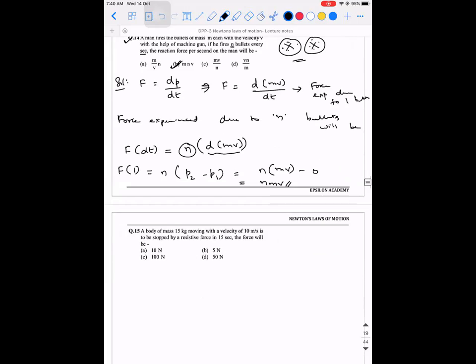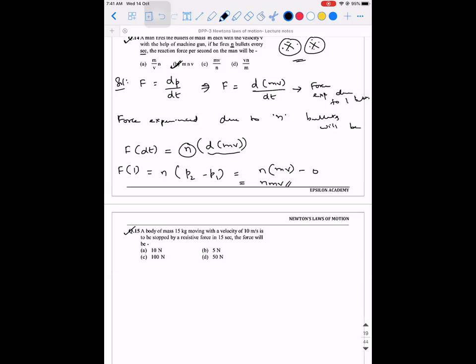Now listen. 15th. There is a body of mass 15 kilogram moving with a velocity of 10 meter per second to be stopped by a resistive force in 15 seconds. The force will be... This you can do.